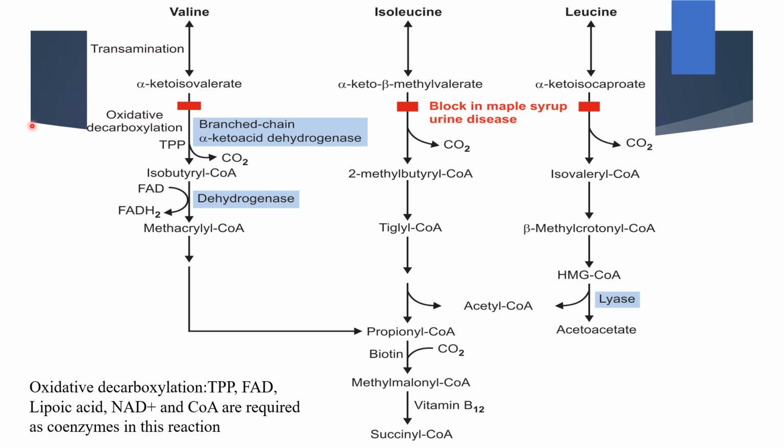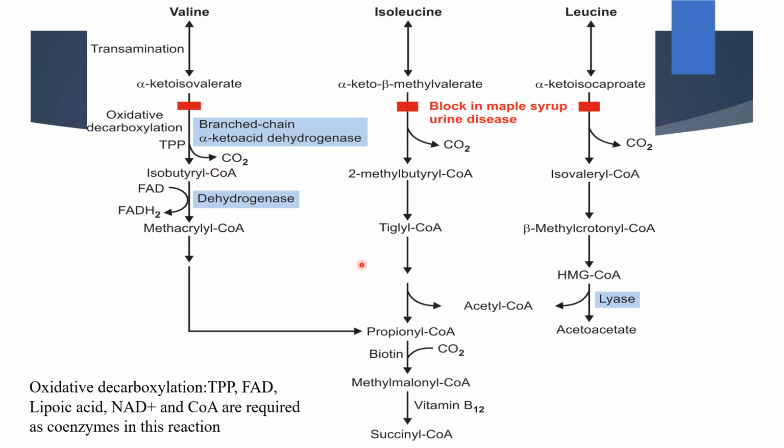The oxidative decarboxylation reaction is a very complex reaction. This is a complex enzyme, which is dependent on 5 coenzymes. They are TPP, FAD, lipoic acid, NAD plus and coenzyme A.